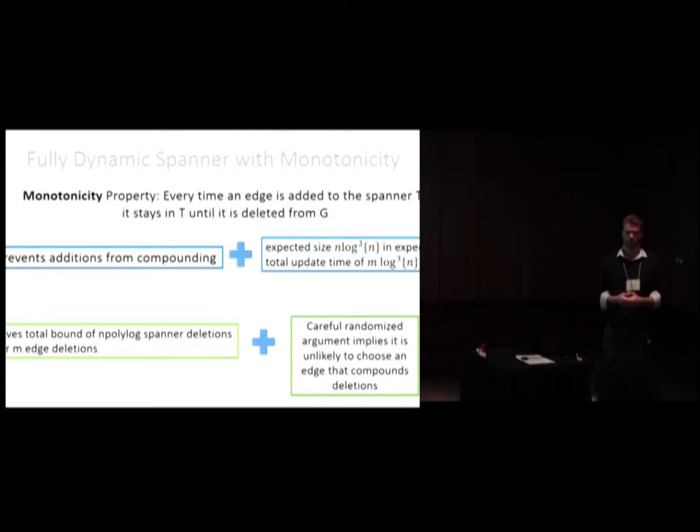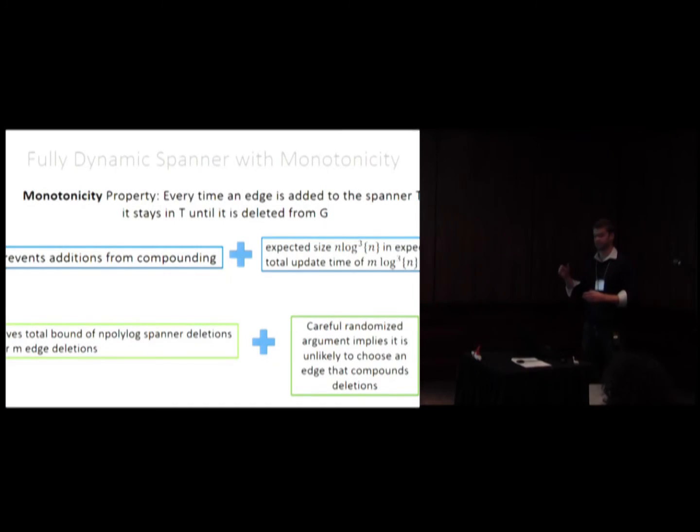And so with this, after m deletions, this deletion compounding in total could only be n polylog size. Each edge can only move up one time, the number of times is bounded by log, and the way they work their way up can only be bounded by n polylog for many edge deletions.